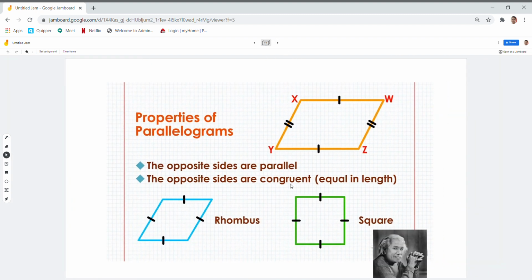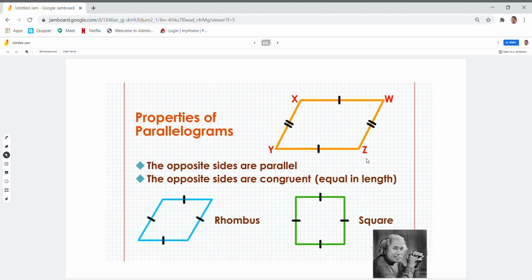So to give us more understanding, you can just look into this one. The properties of parallelograms. Here is the parallelogram above, whose name is parallelogram XYZW. Alright, you can name parallelograms using four letters. So you say parallelogram XYZW, or WXYZ, following the arrangement of the letters in the alphabet.